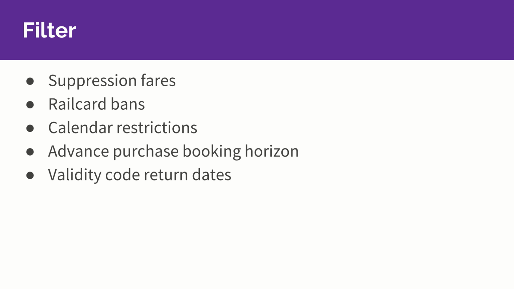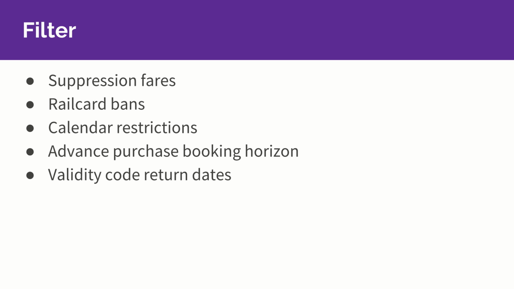So a month return, you have to return within a month, but you could also have a day return that says you have to return inside of a day. On some anytime tickets, your outward portion has to go in the next however many days, 5 days or something like that, but your return has to be within a month.